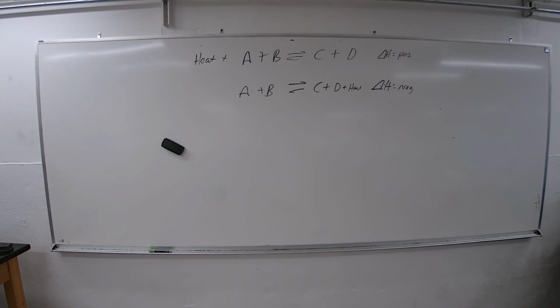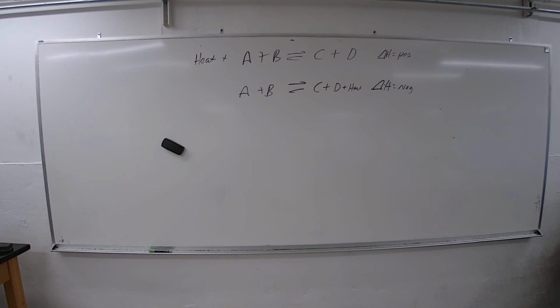Increased pressure here. Reactants. 3 moles of gas on the right, 2 on the left, so it would go towards the left. 4 moles on the left, 2 moles on the right, so increasing pressure: products.